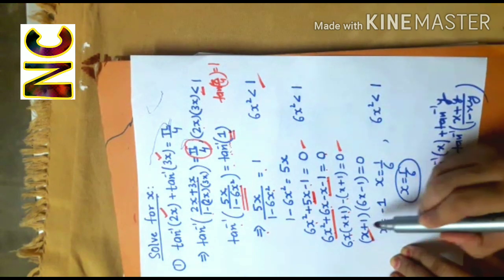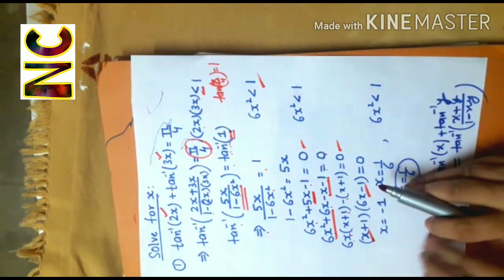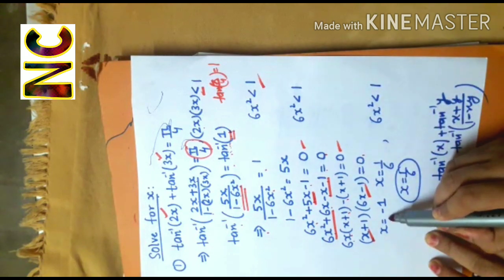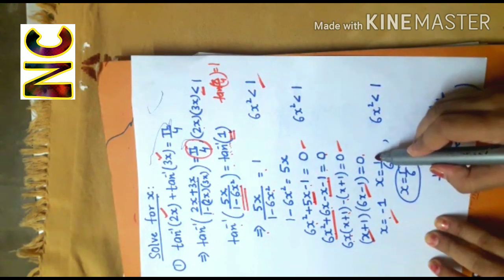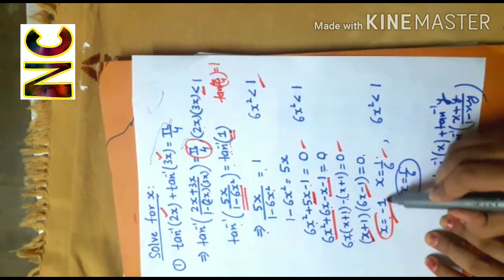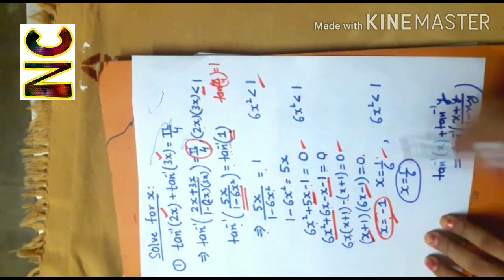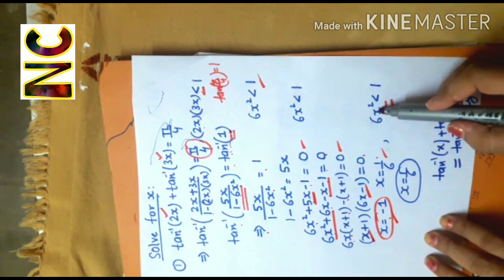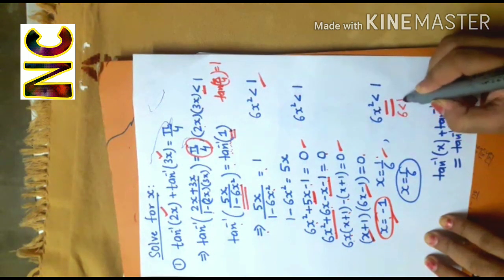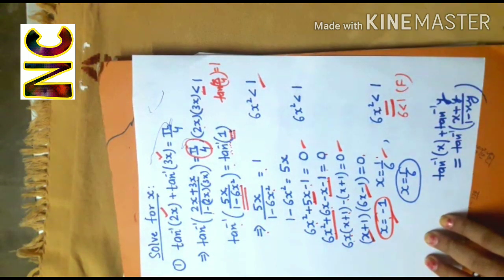So the factors are x plus 1 and 6x minus 1. Put it equal to 0. So you will get x equal to minus 1 or x equal to 1 by 6. Now you can see x equal to minus 1 does not satisfy this inequality, because if you put x equals minus 1 here, you will get 6 is less than 1, which is false.